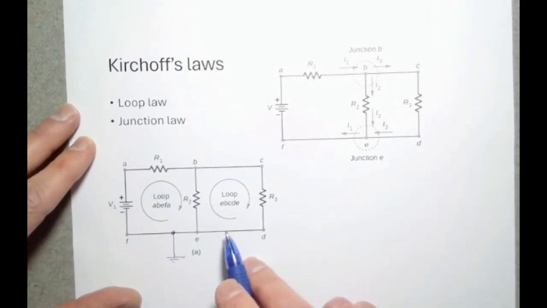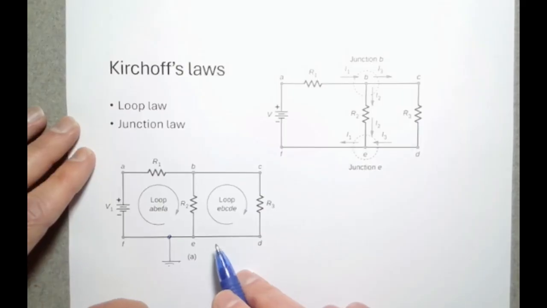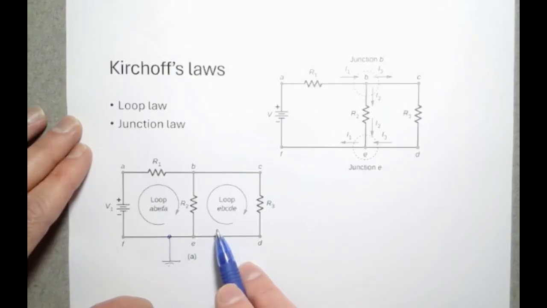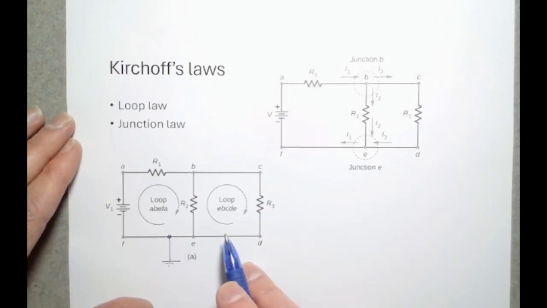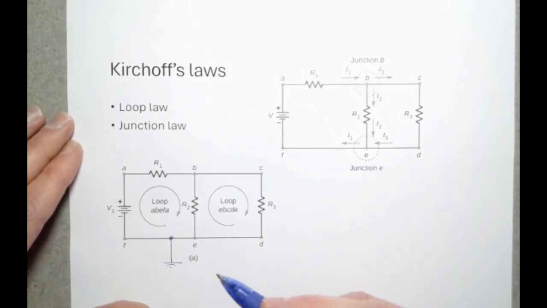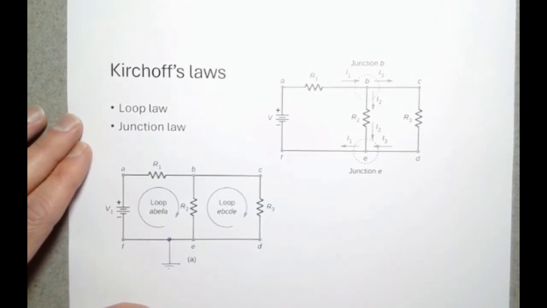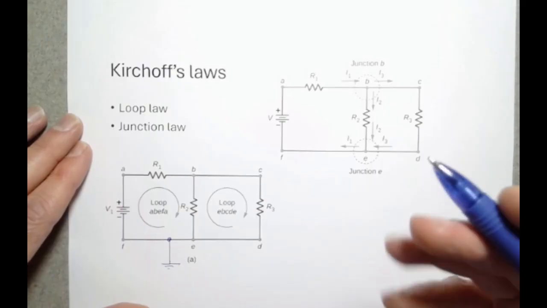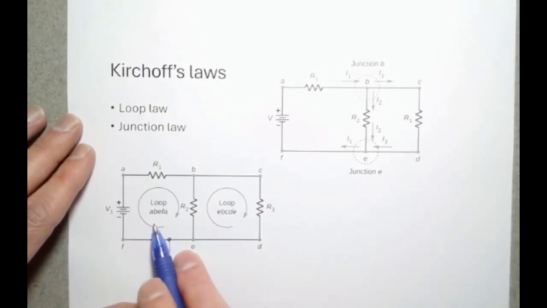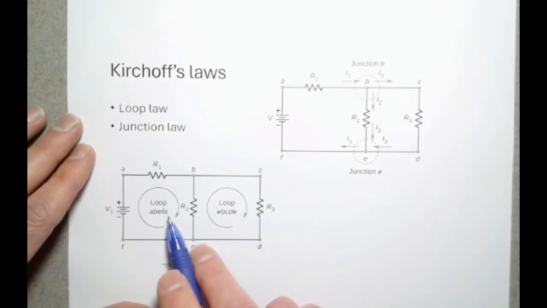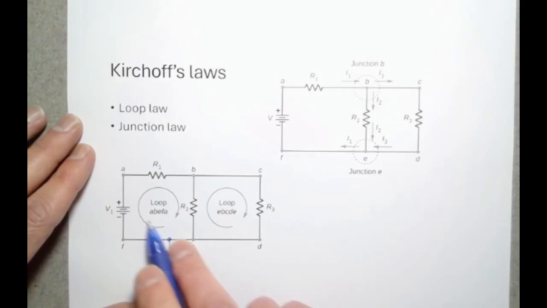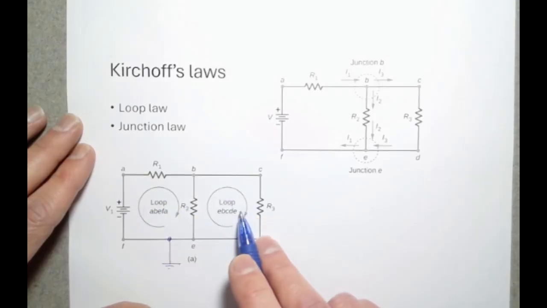Now your textbook says it doesn't matter which loop you choose to go around. But when you have a circuit with multiple loops, at some point you start getting redundant information. Just as an example, in this case we have 2 loops, and we can choose to apply Kirchhoff's loop law to the left loop and then the right loop.